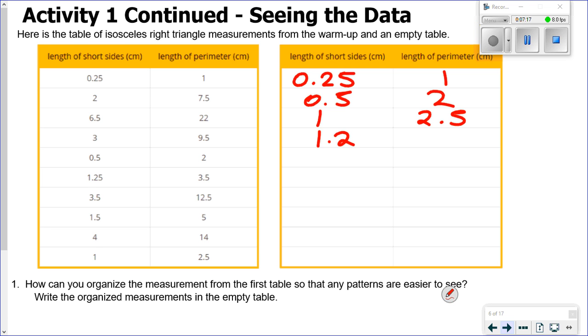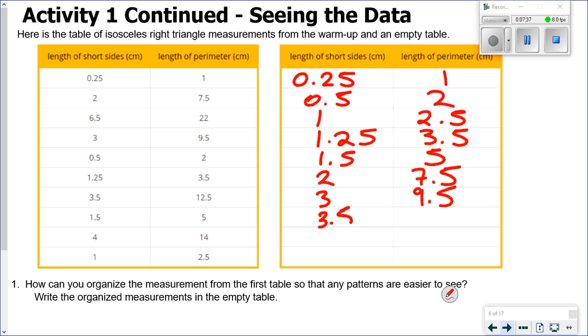The next one I found was 1.25 centimeters with a perimeter of 3.5, and then 1.5 with a perimeter of 5, and then 2 centimeters with a perimeter of 7.5, and then 3 centimeters with a perimeter of 9.5, and then I found 3.5 to be the next largest with a perimeter of 12.5, and then 4 centimeters with a perimeter of 14, and then finally the longest of the side lengths was 6.5 with a perimeter of 22.